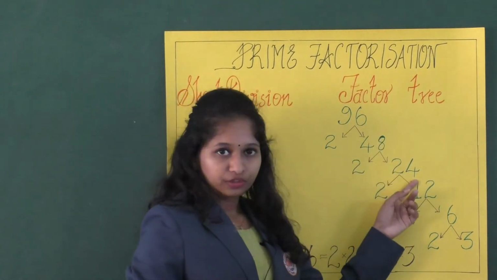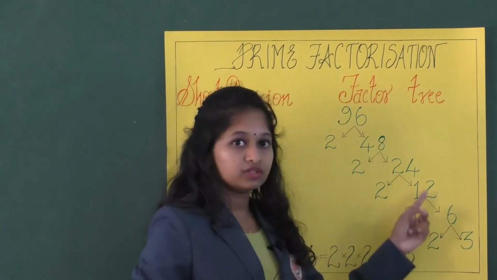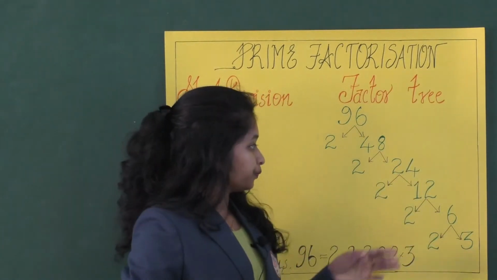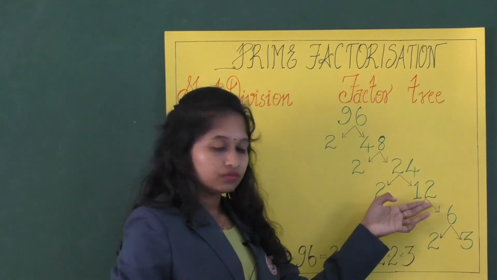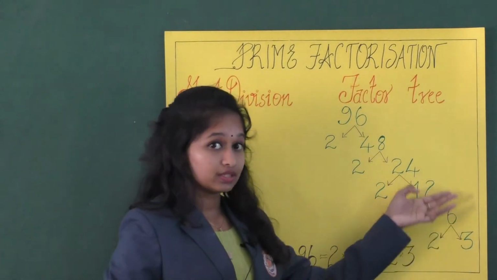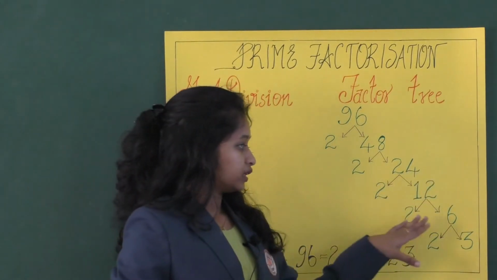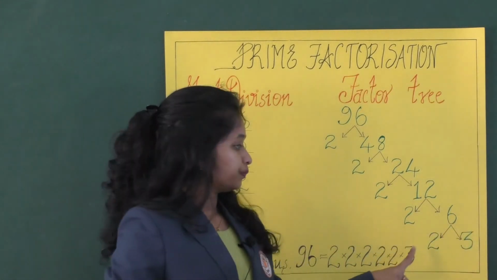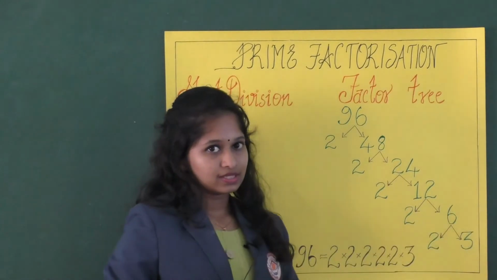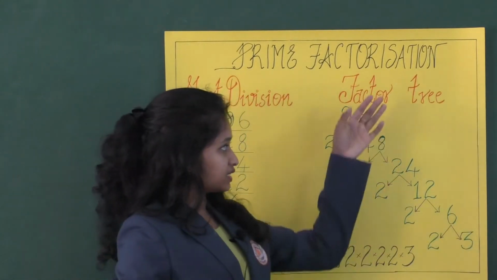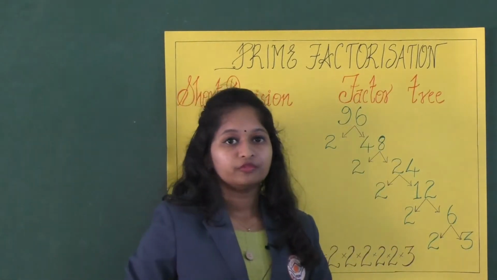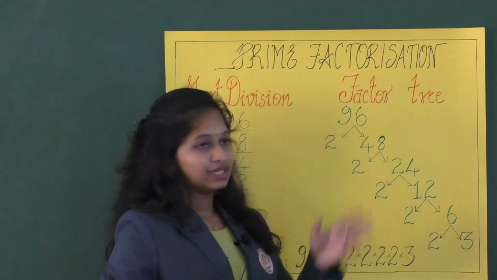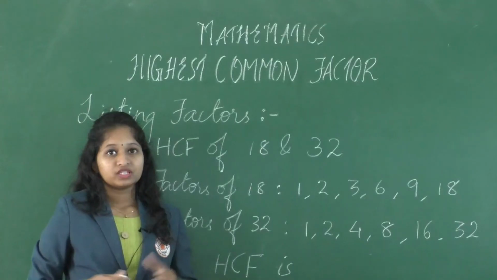Again, in case of 24, 2 into 12 is 24. Again in case of 12, 2 into 6 is 12. And leave 2. 6 is a composite number. 2 into 3 is 6. This is how we can form the factor tree of 96.